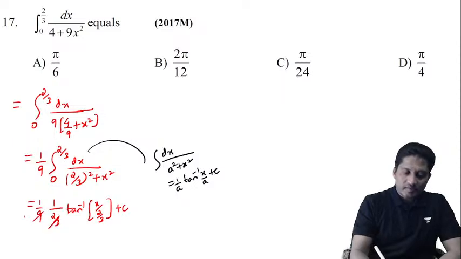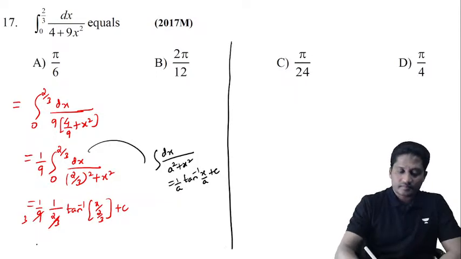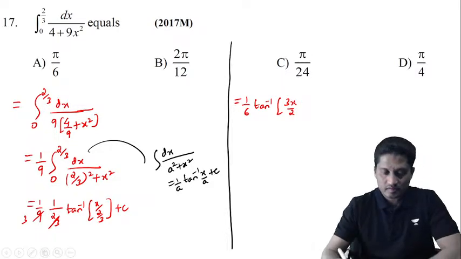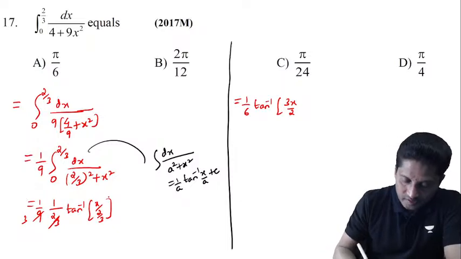This will cancel 3 times. So this will be equal to 1 by 6, 1 by 6 tan inverse of 3x by 2 plus c. Sorry, this is definite, right? This is between the limits 0 to 2 by 3.